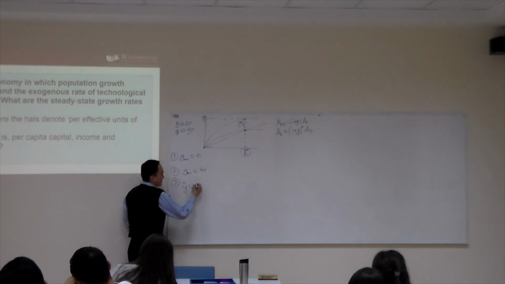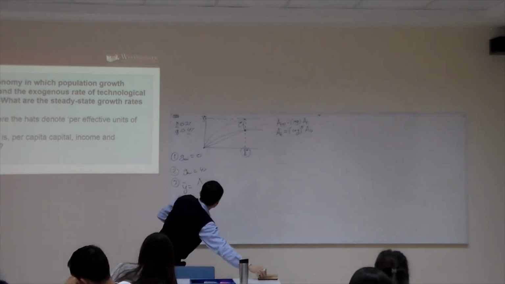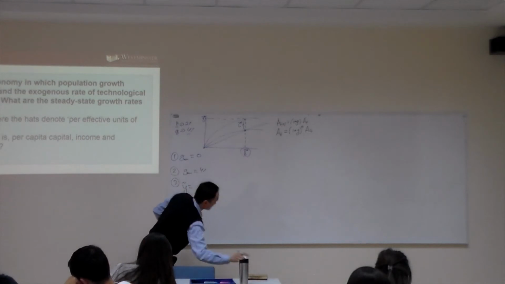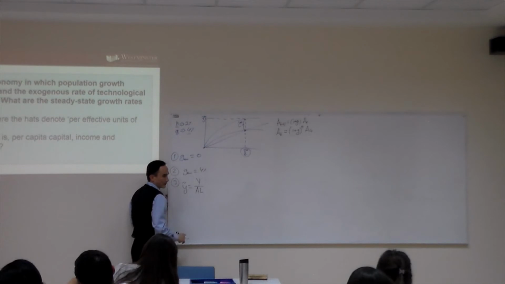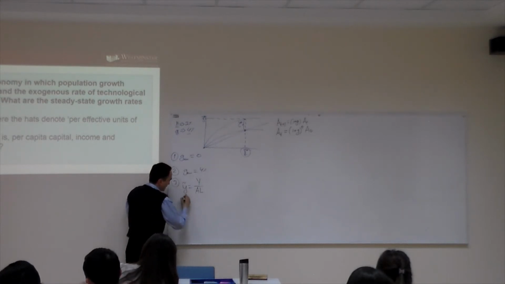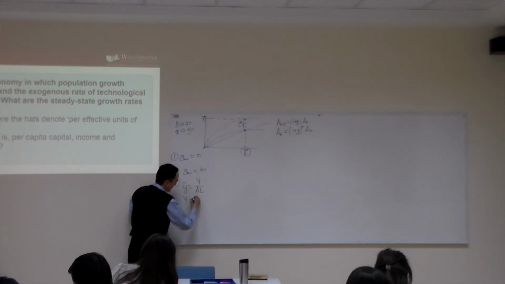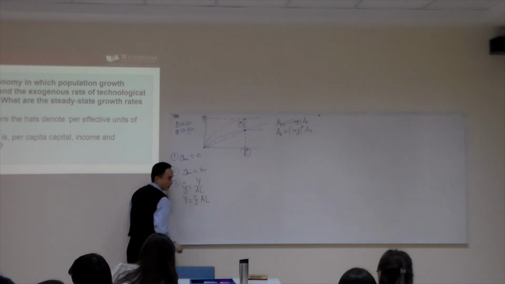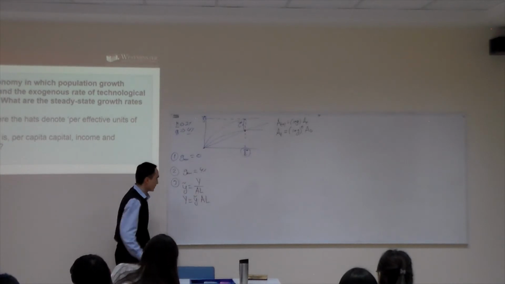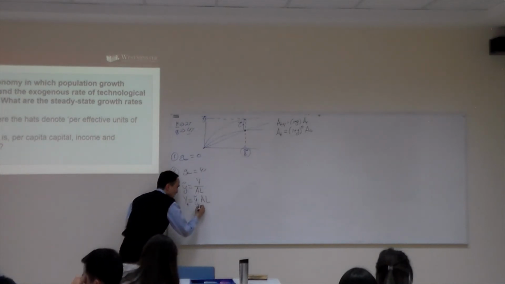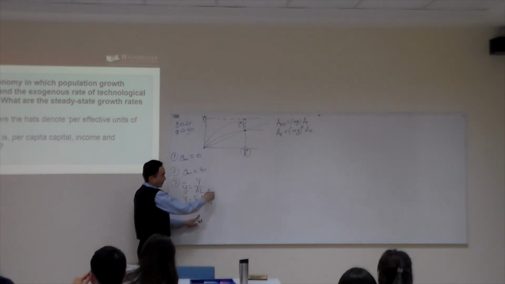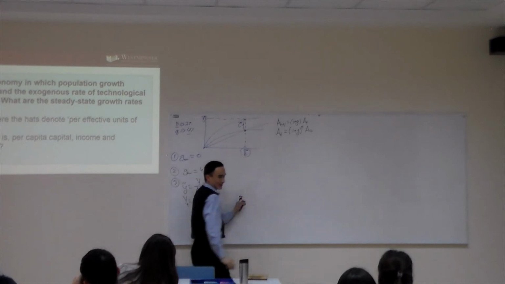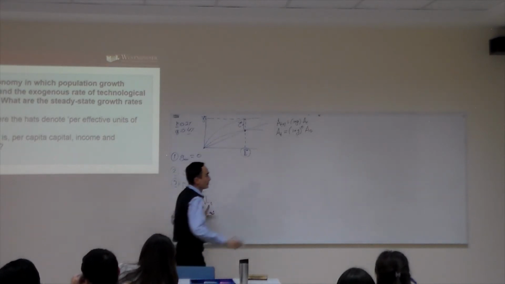Output per effective labor is equal to output over effective labor. Or I can write it as output is equal to output per effective labor times effective labor. So now, let's consider in discrete time, okay? Our technology, we can express it like this, yes? What about our labor?